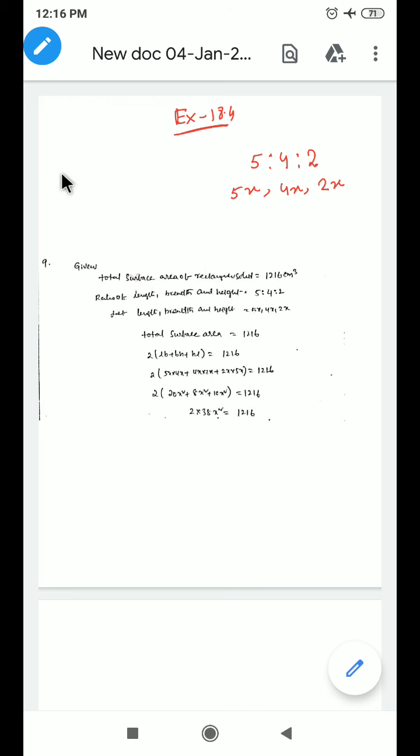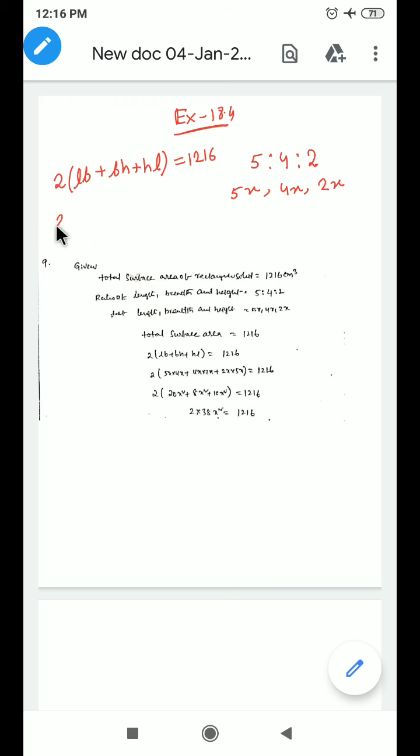So what is the formula for finding the surface area of a cuboid? That is 2 times (length into breadth plus breadth into height plus height into length). The total surface area is given here as 1216.